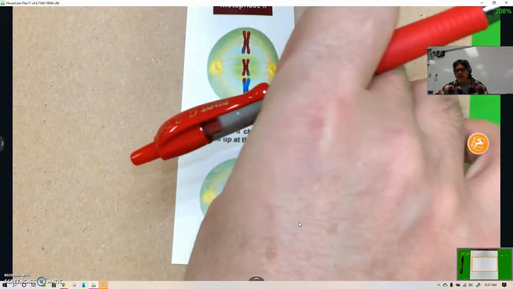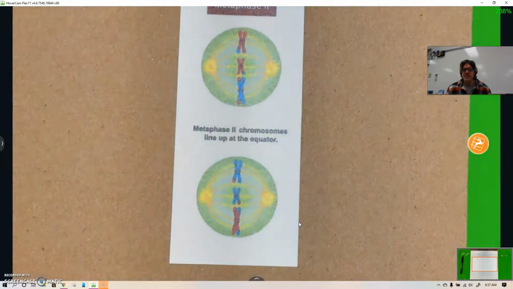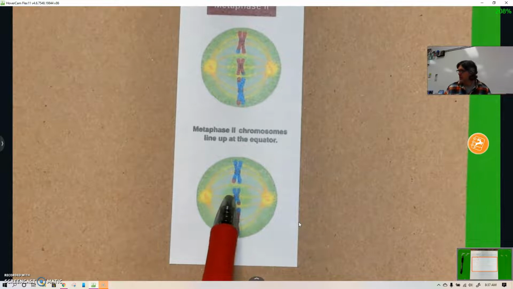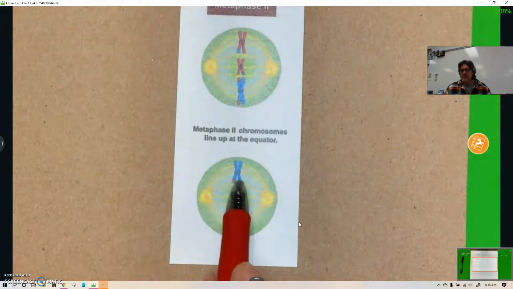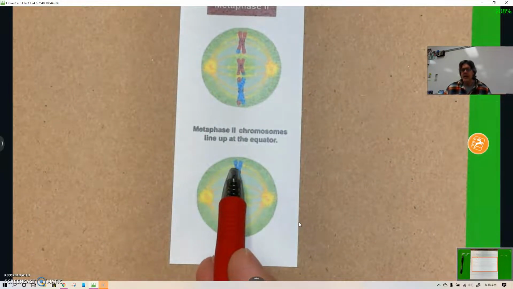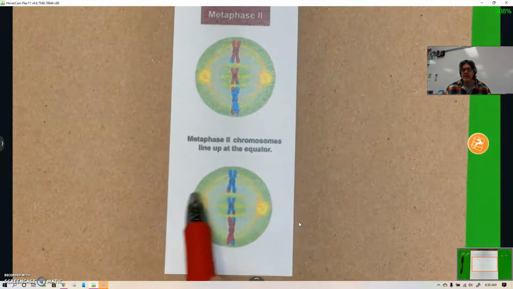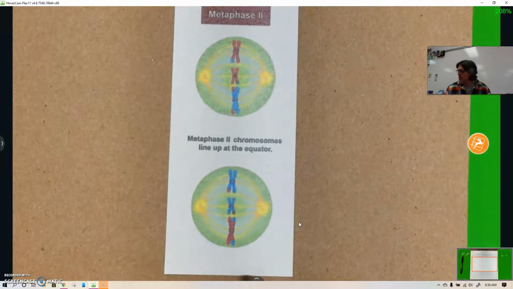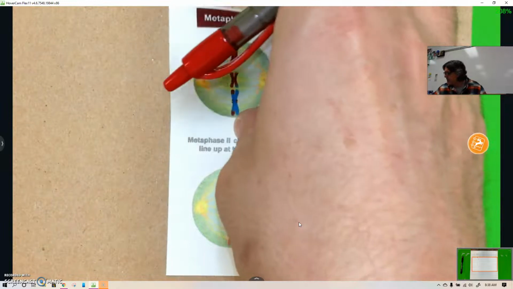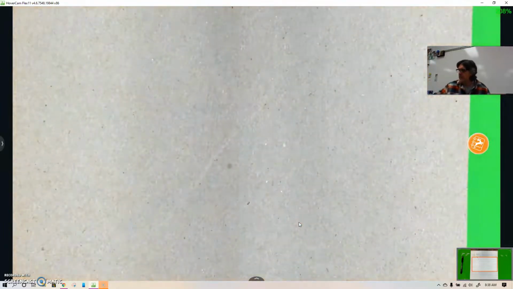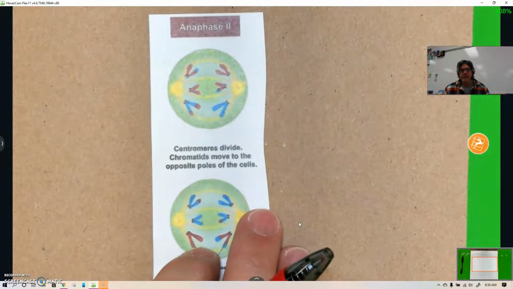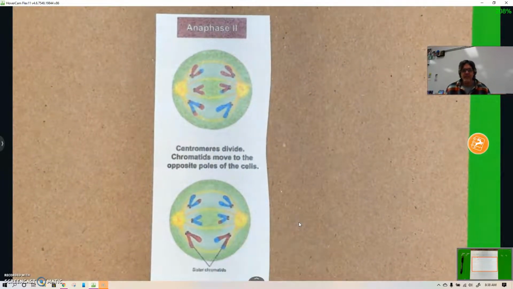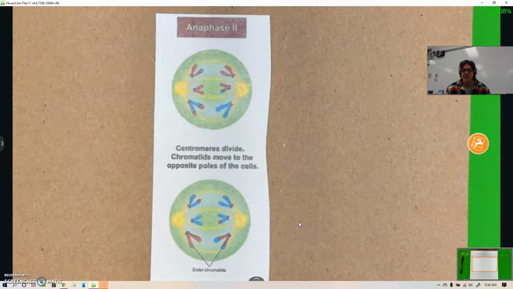mitosis. Look, that looks just like mitosis. So what am I doing differently here? I've got 2 cells where a duplicated chromosome is going to get split into 2. All right? Just like mitosis almost, right?